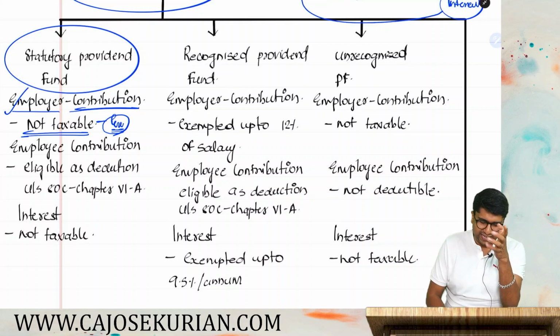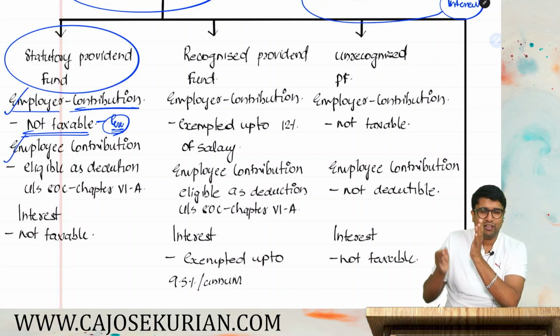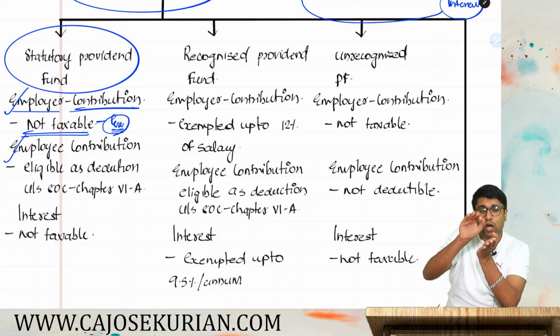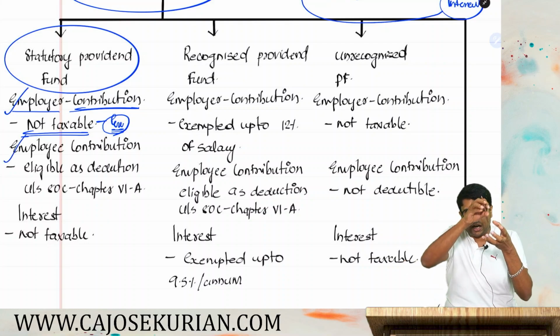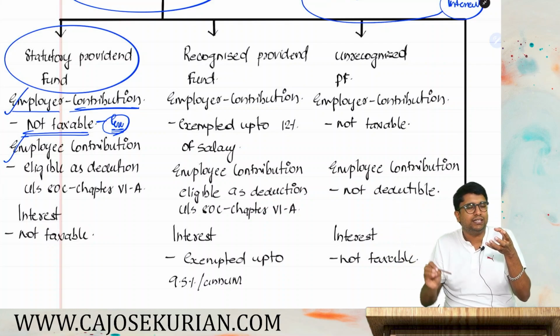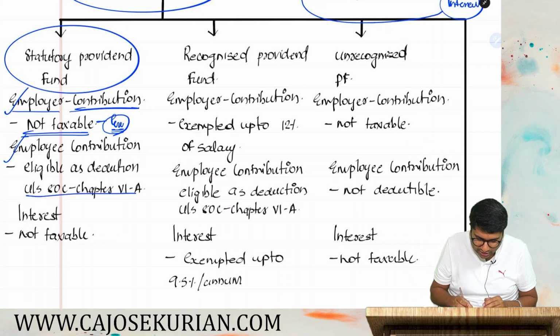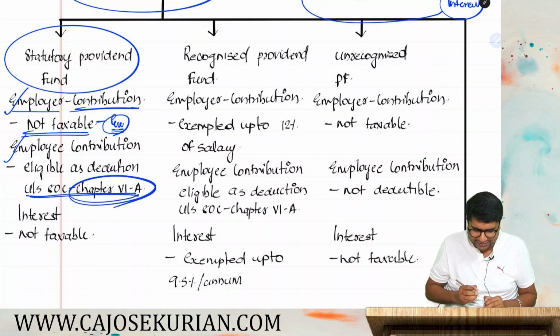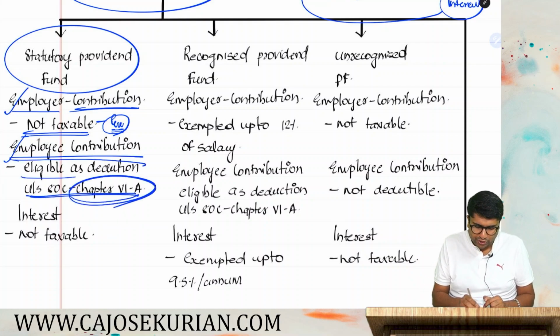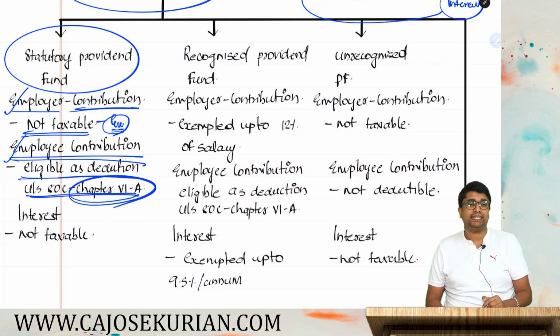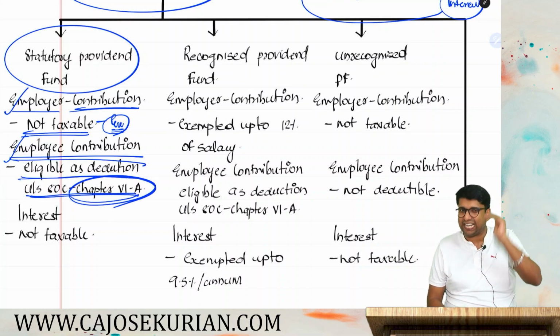It is fully exempted. How about your own contribution? When you contribute something out of your salary to a statutory provident fund, that amount contributed is eligible as a deduction under 80C under chapter 6A. So the employee contribution is eligible as a deduction under 80C under chapter 6A. It's not under the head salary.